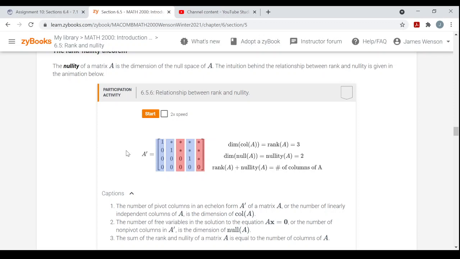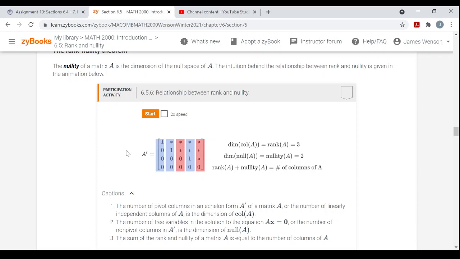You saw that in a couple examples again last video. So it's real easy to find rank and nullity together. To find the rank and nullity of a matrix, put that matrix into echelon form or reduced echelon form.